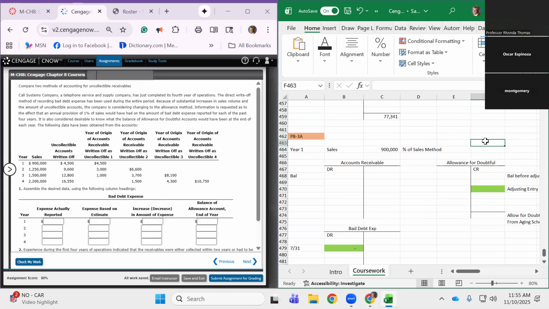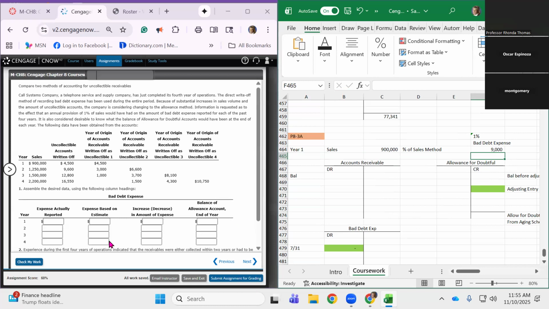So if you take 1%, and I believe that's what they use each year, we're just proving it here. So 1% of 900,000. Let's see what that calculates to, just to make sure we're on the right track. $9,000. Okay, $9,000 is bad debt expense.